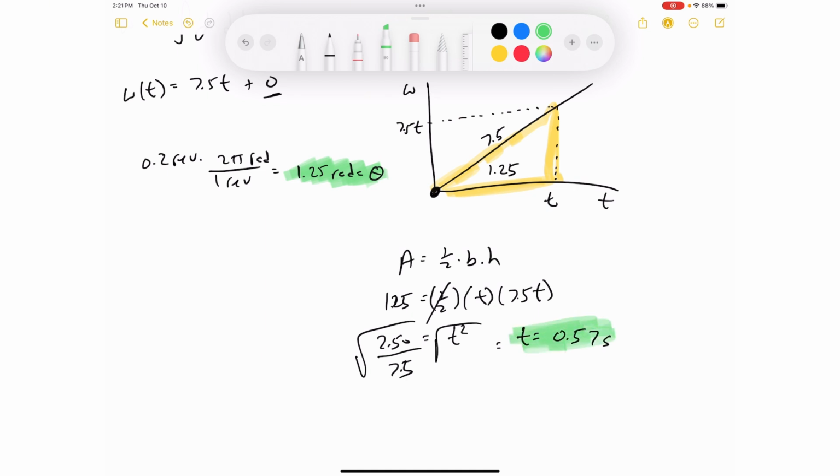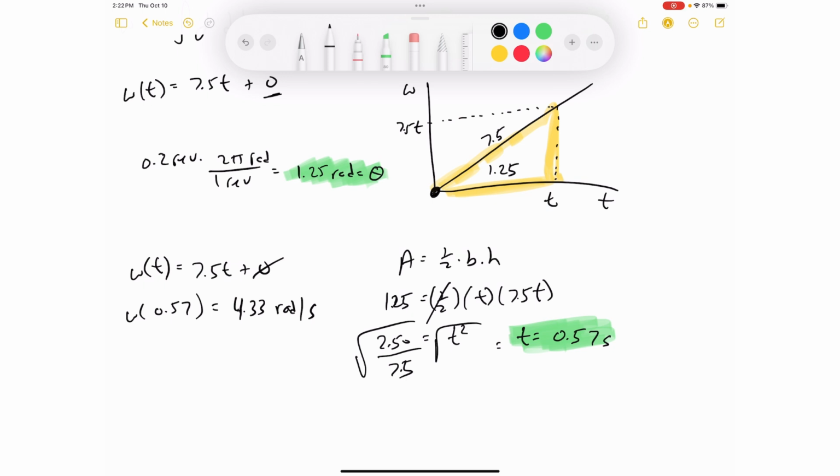That's how long it took. So if you know that, then you can put that back in your formula. Remember, I had omega as a function of time is equal to 7.5 t plus 0, which we don't really need. So we're going to put in omega at 0.57 seconds and do 0.57 seconds times 7.5, and we'll end up with 4.33, and this is our angular velocity, radians per second.